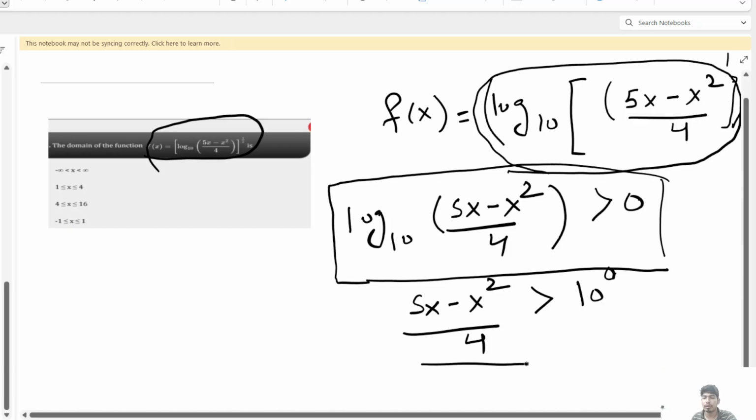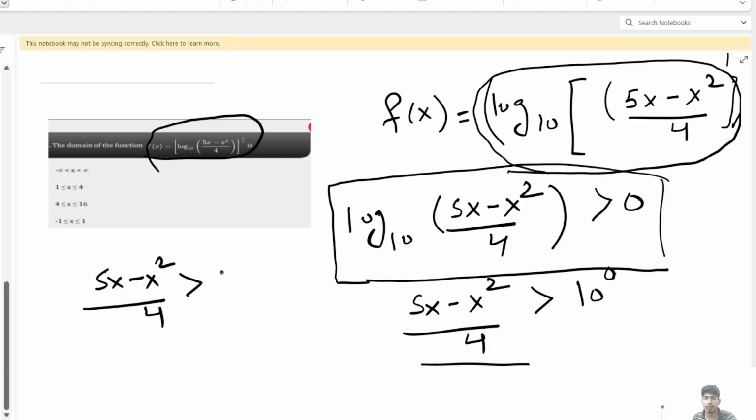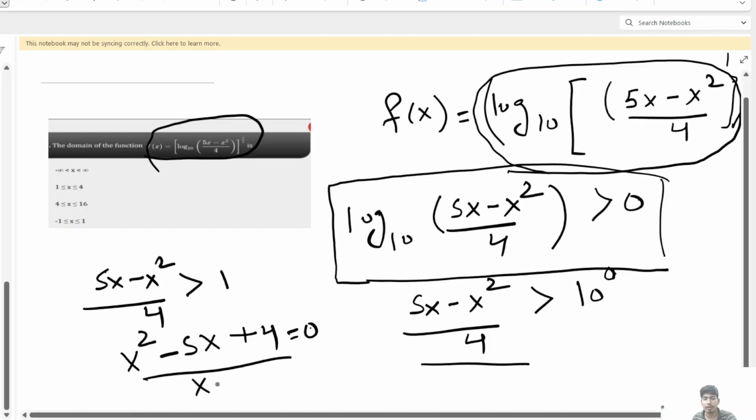Then we solve this inequality: x square minus 5x plus 4 is equal to 0. Then x is equal to 1 and 5. We got x is 1 and 5.